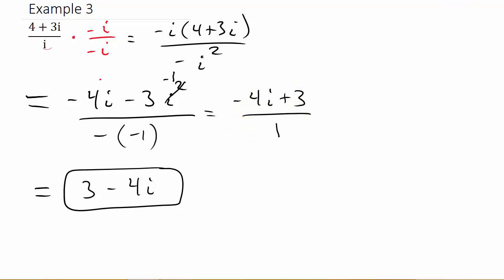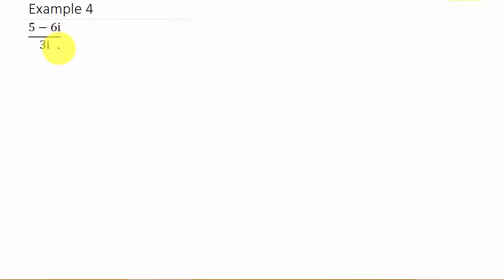Alright, let's look at the next one. Alright, so the next one, it's similar. We just have a 3 in front of the i. But we'll do the same thing. Okay, this is 0 plus 3i. So I'm going to do 0 minus 3i, which is just negative 3i.